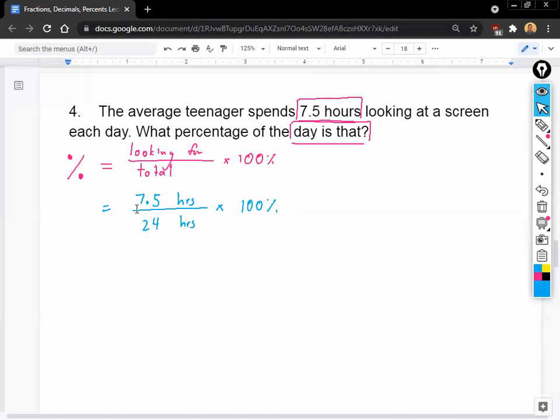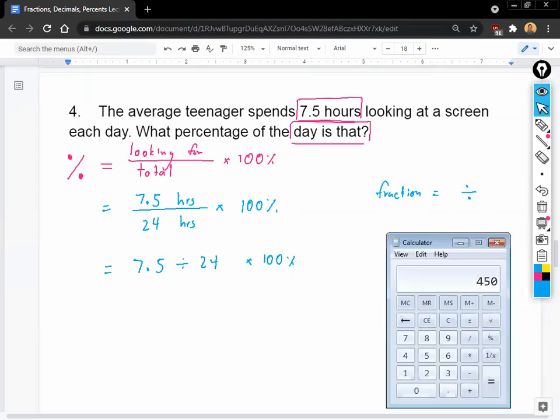Whenever you see a fraction line, the fraction line is the same thing as division. If you want to write that down, the fraction line is always equal to dividing. So if you have a number on the top and a number on the bottom, you just need to do top divided by bottom. So what I would punch into my calculator is 7.5 divided by 24 times 100%.